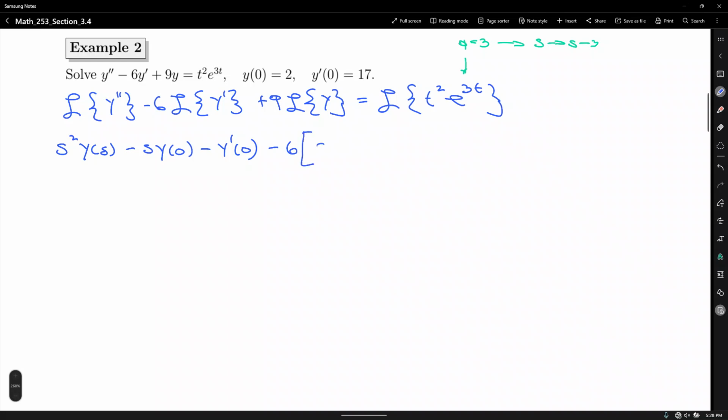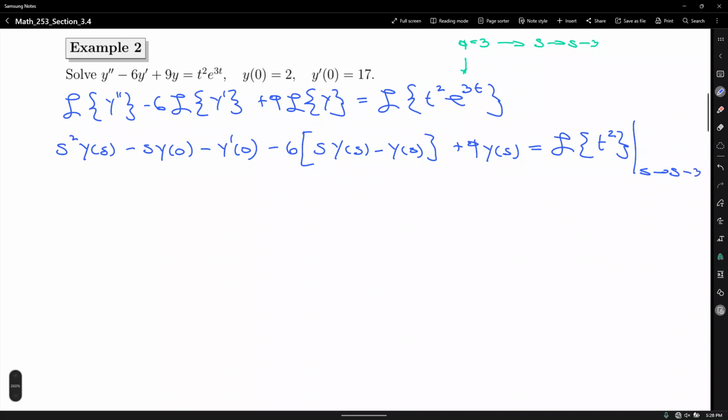Let me use brackets for this: s Y of s minus y of 0, plus 9 times Y of s. And for the right-hand side, we're just going to take the transform of t squared, and whatever we get, s goes to s plus 2. Oh, no, s minus 3, right?